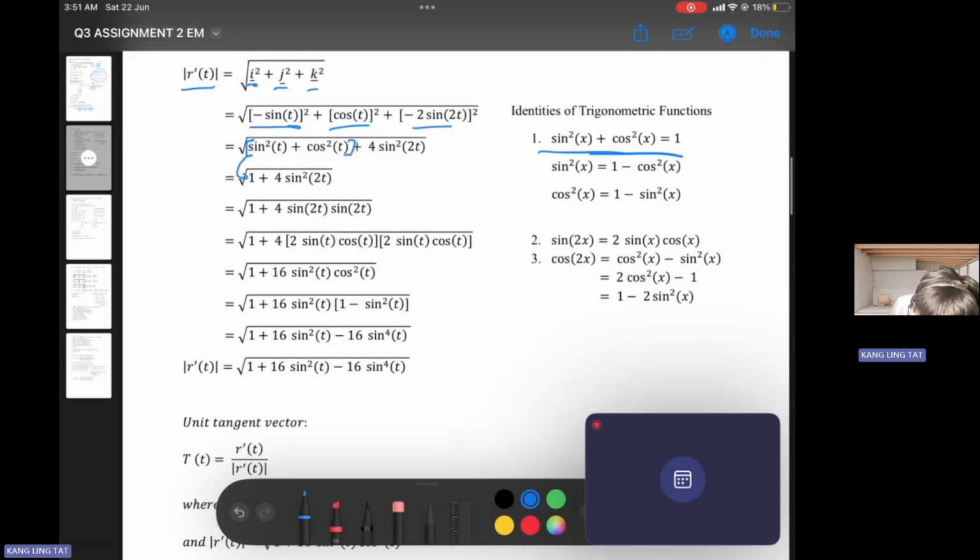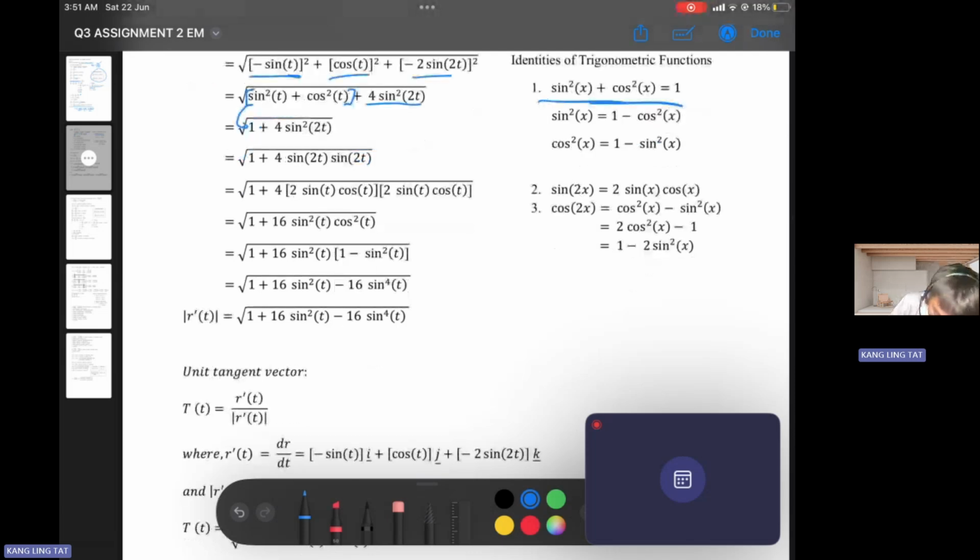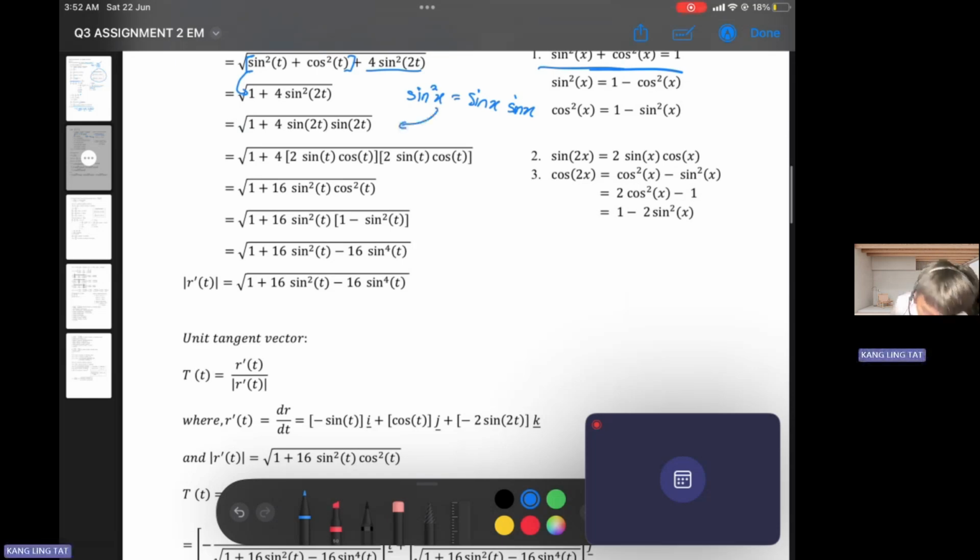So here we remain the same, but also we can know that sine square x can be equal to sine x times sine x. So we can rewrite sine square x as sine x times sine x. It's shown just right here.